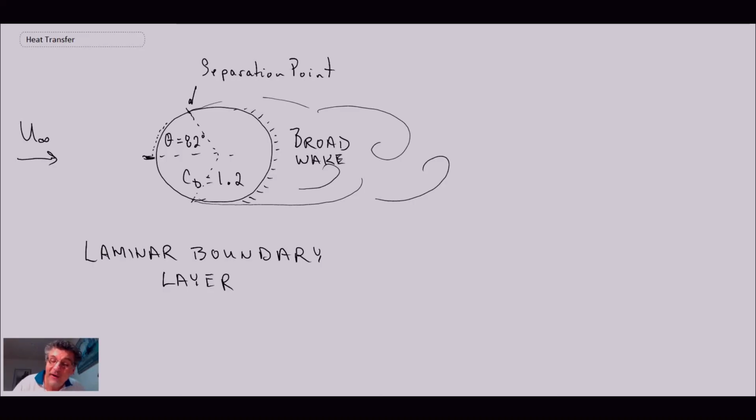Now, let's draw the cylinder again, and in this case, we're going to assume that we have a different Reynolds number, where we have a turbulent boundary layer.